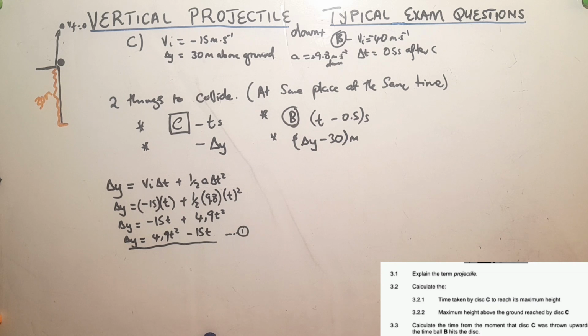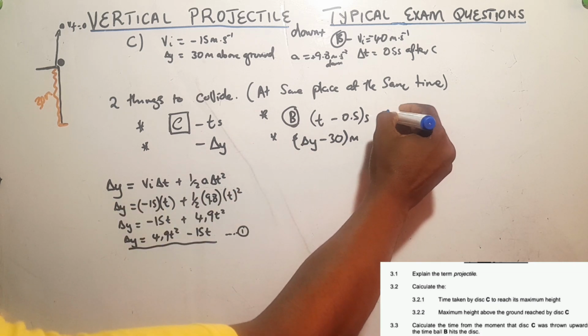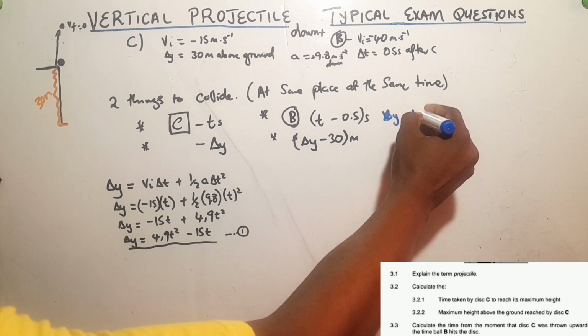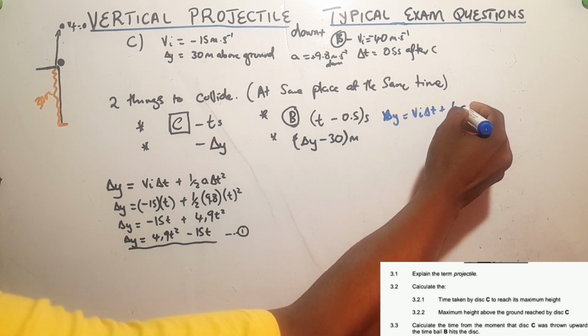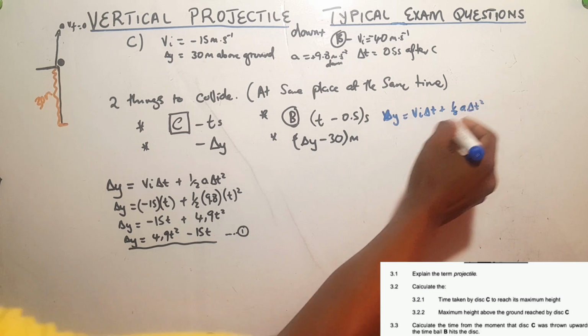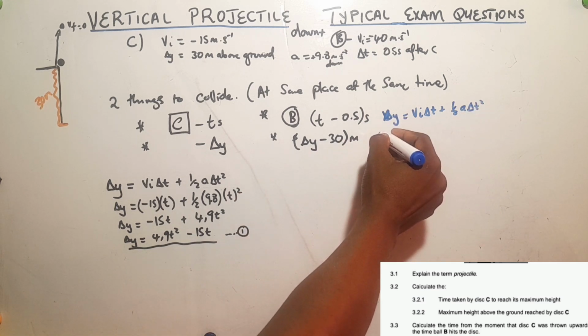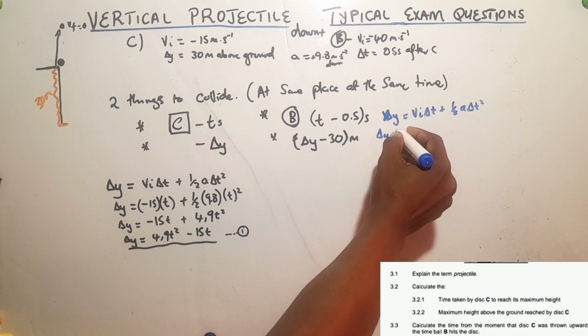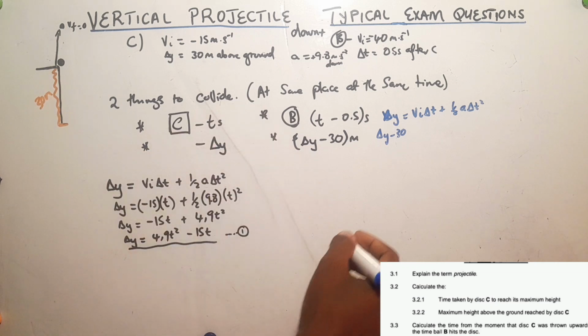So what do we know about disk B? Also, we can use the same formula, change in y being the same as v initial times change in time plus half acceleration times change in time squared. So our change in displacement becomes change in y minus 30, because it is 30 meters behind disk C, right?